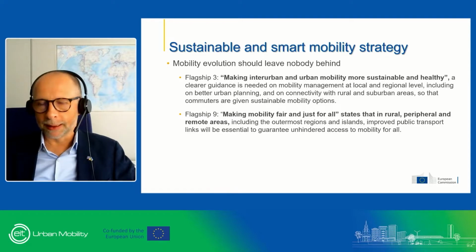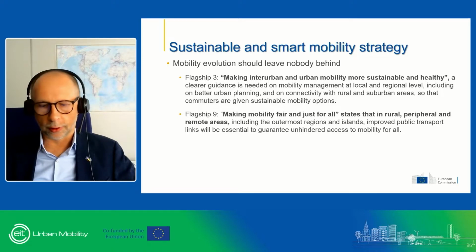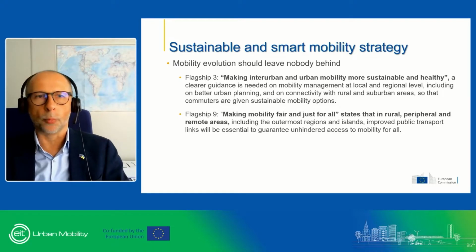It basically states that mobility evolution should not leave anybody behind. It should be affordable. It should allow mobility in rural and remote areas as well as for people with reduced mobility.